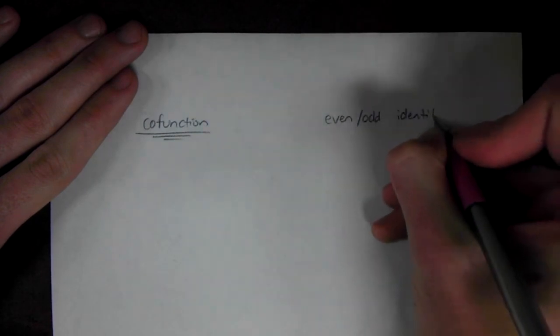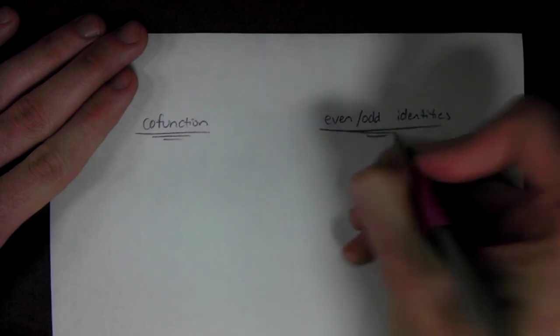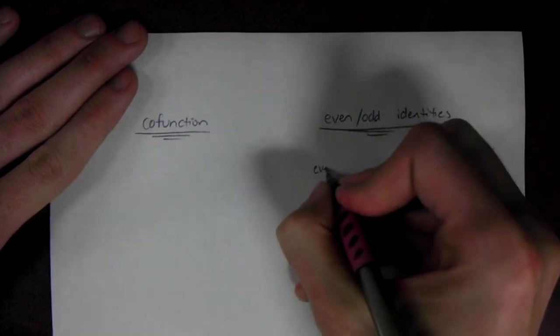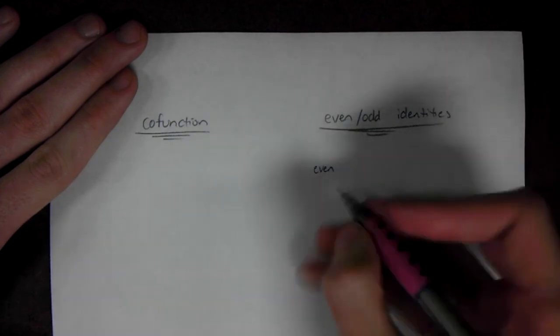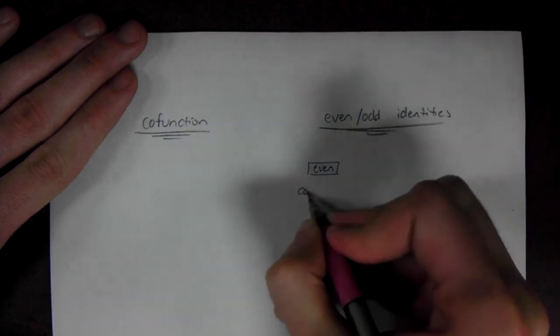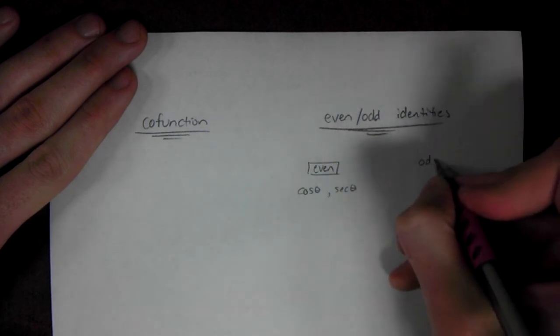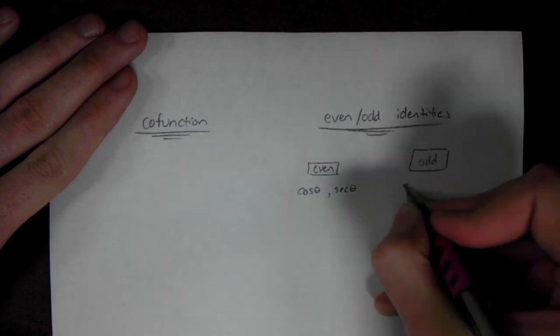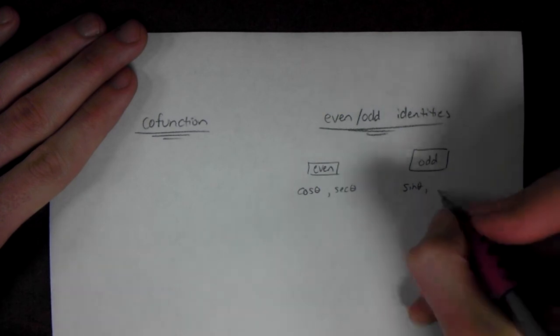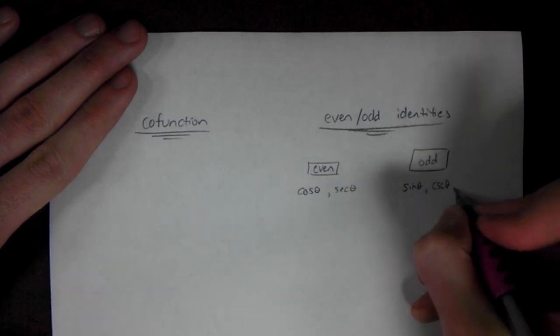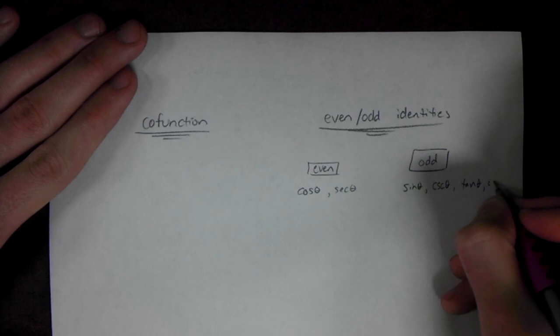We'll do the even and odd first. So even and odd, there's only 2 even trig functions. That would be cosine and secant. And there are 4 odds: sine, cosecant, tangent, and cotangent.